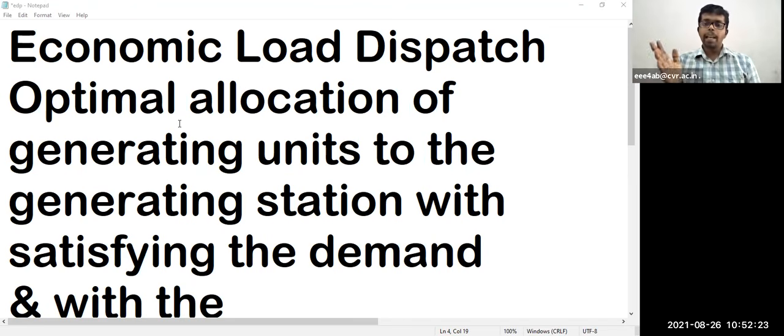The demand should also be satisfied. For example, if 1000 megawatt is our demand, then 1000 megawatt should be satisfied, and we have to optimally choose the generating units to satisfy the demand. And also we have to minimize the total fuel cost incurred by those generating units.